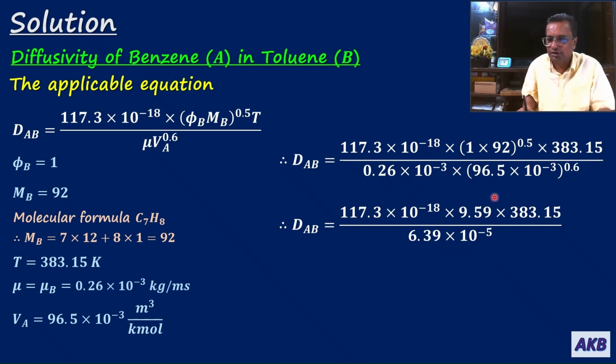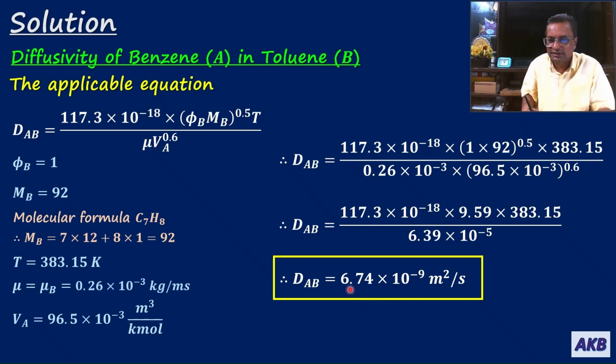The product in the denominator comes out to be 6.39 into 10 to the power minus 5. So that gives us DAB as 6.74 into 10 to the power minus 9 meter square per second. Therefore, the diffusion coefficient of benzene in toluene at 110 degrees Celsius is 6.74 into 10 to the power minus 9 meter square per second. So in this way, we got the diffusion coefficient of benzene in toluene.